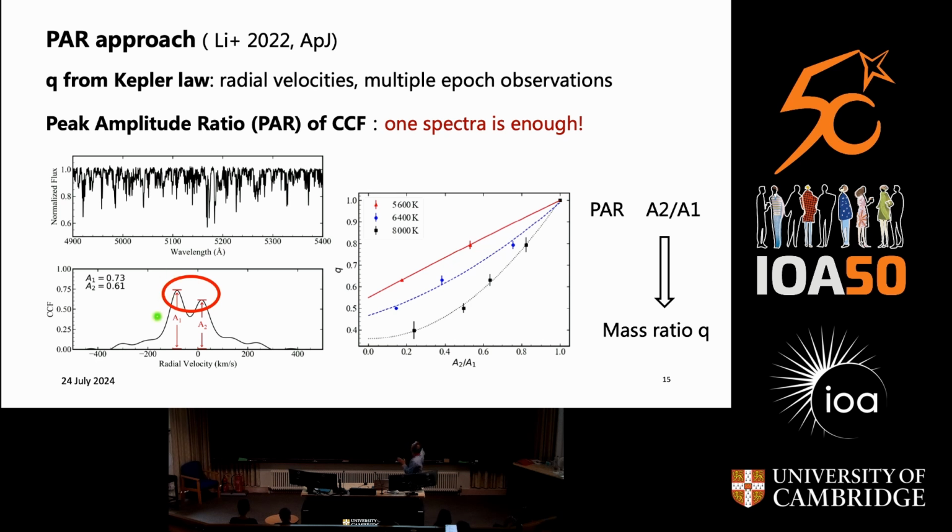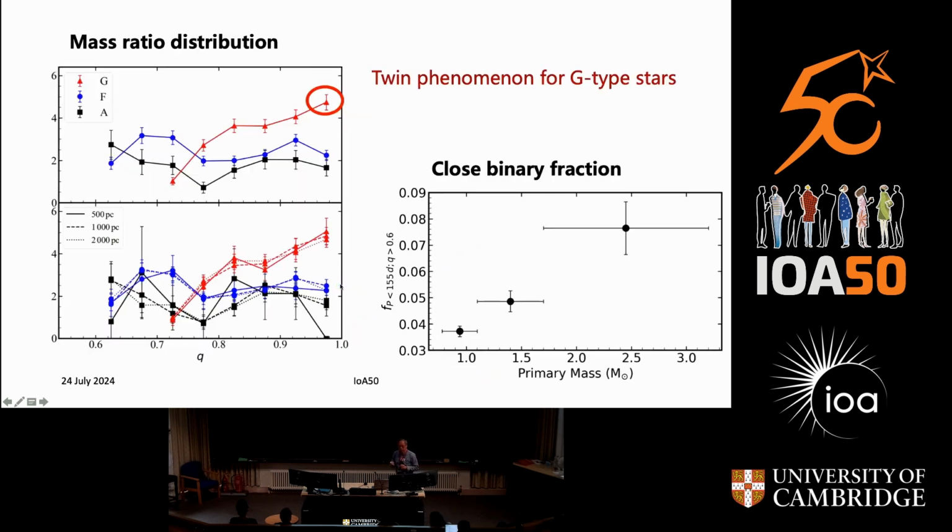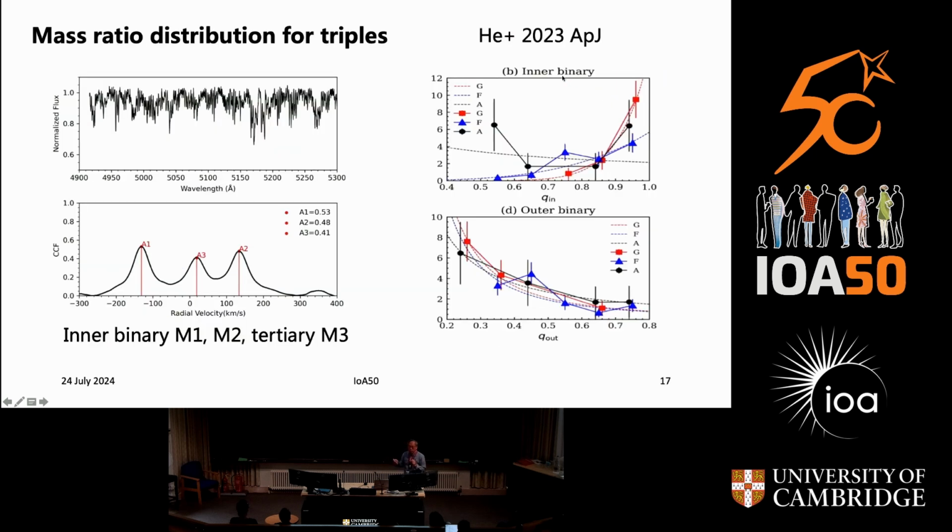So we got a relation between the peak amplitude ratio and the mass ratio. So we got the mass ratio distribution. We noted there is a twin phenomenon for G-type stars. And we also applied our method to triples. So we also got something like this.